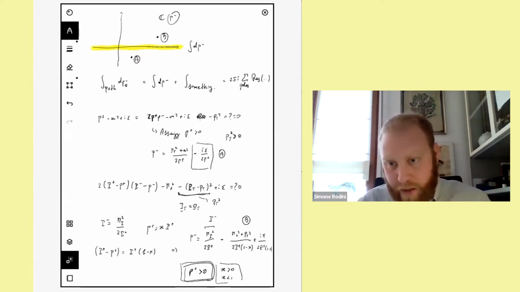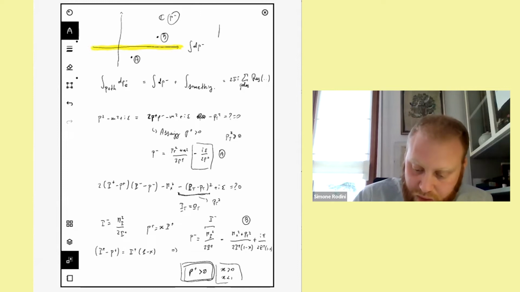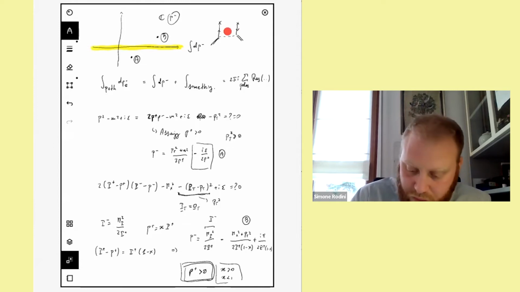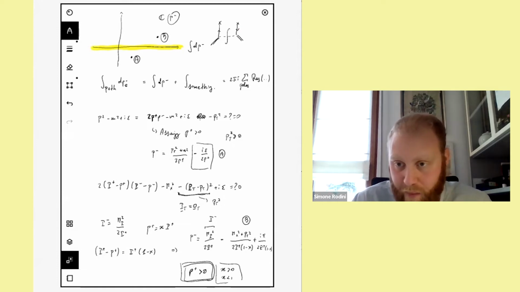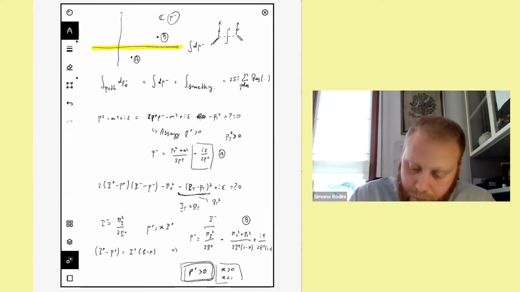And what you have in mind is that the diagram looks like this, right? To connect with TMD physics, you want this to be cut, which is exactly this integral over p minus. So you want to put your dipole on shell.